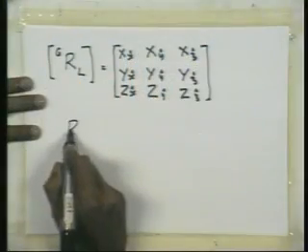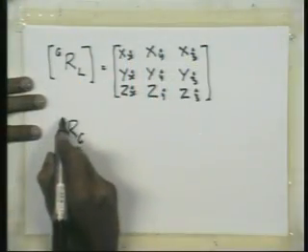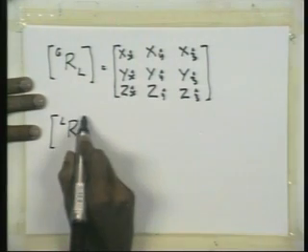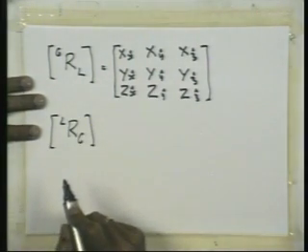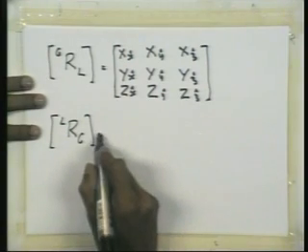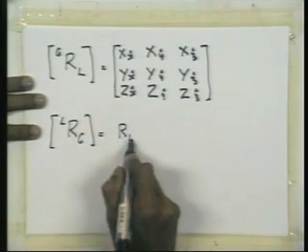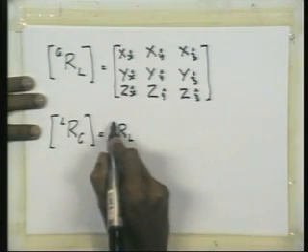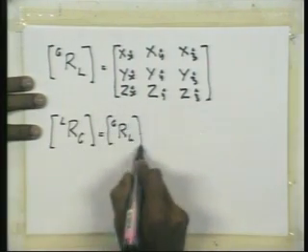Fine. Now something very important is the following. What is the rotation matrix of G with respect to L? The global with respect to the local. Obviously that is the inverse of this earlier matrix.